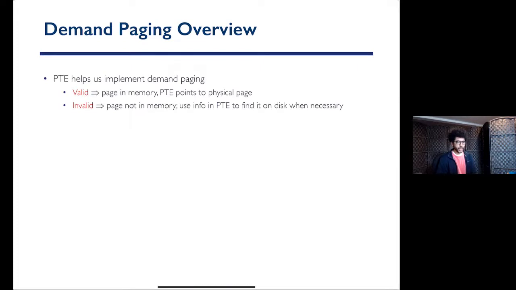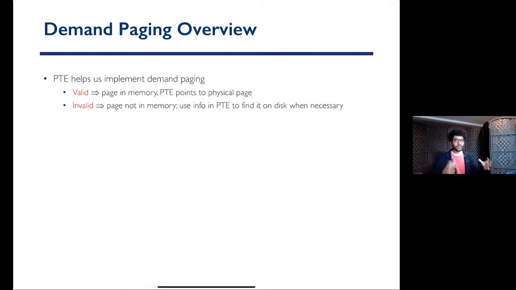The valid bit, we're going to use it to know if the page that we're looking for resides in memory or not. If the physical page in memory is for this virtual page, then the translation is valid.